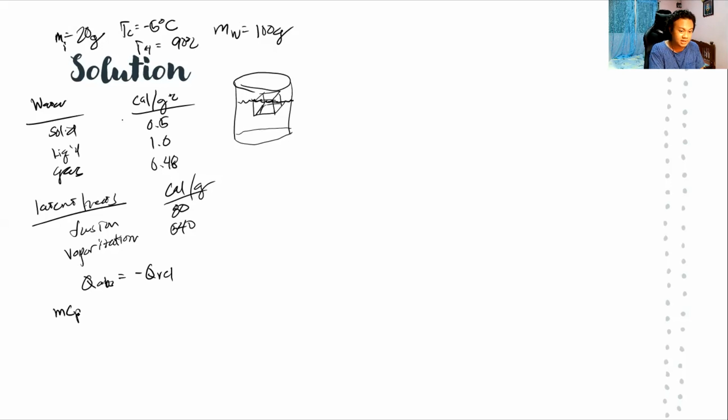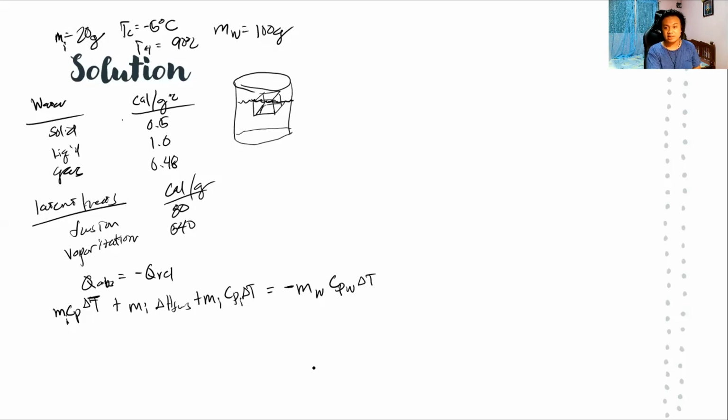So we have mCp delta T. This is the ice inside, this is Mi, plus Mi h-fuse, because the ice melted, all of the ice melted, and then Mi, then Cp delta T. And then on the right side we have negative M. This is all the water now, so this is Cpw, and then we have delta T.